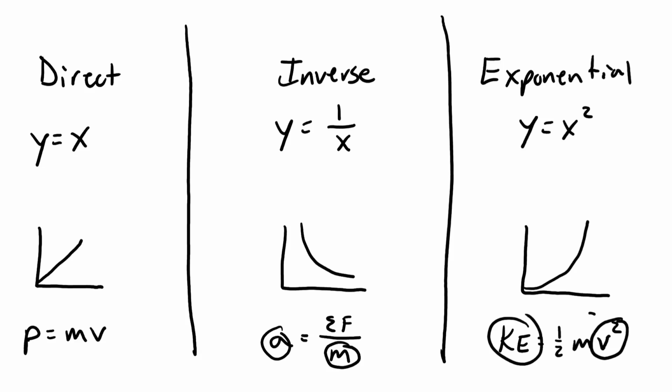So if you double the velocity of an object, the kinetic energy will increase exponentially. It not only doubles, it's 2 squared. It's 4 times as great. So if you double the velocity, you get 4 times as much kinetic energy because of this exponential relationship.